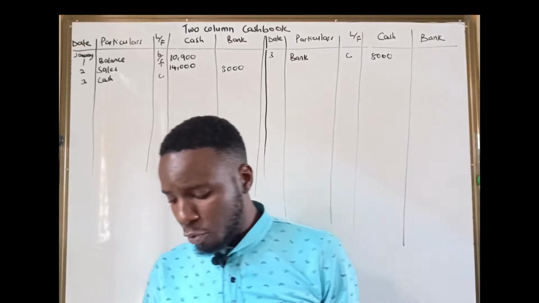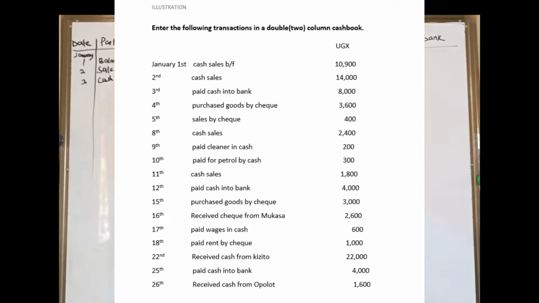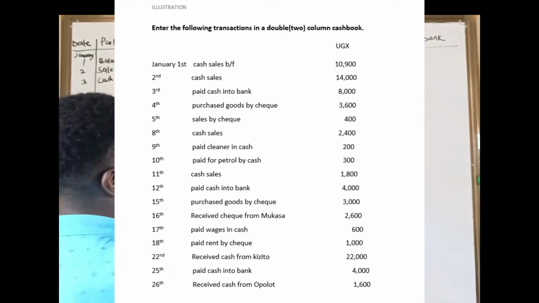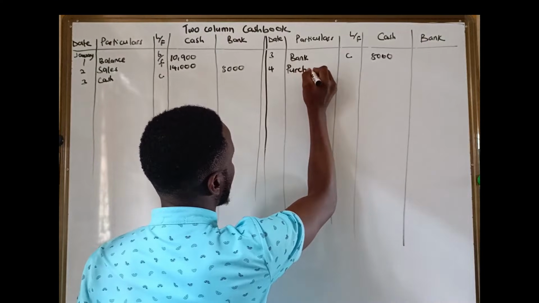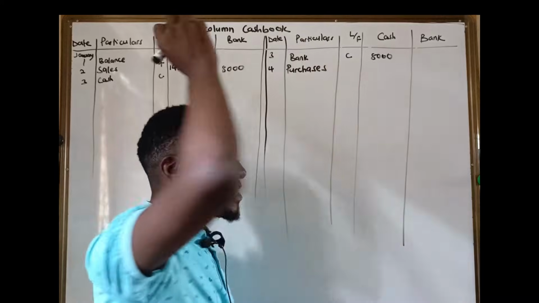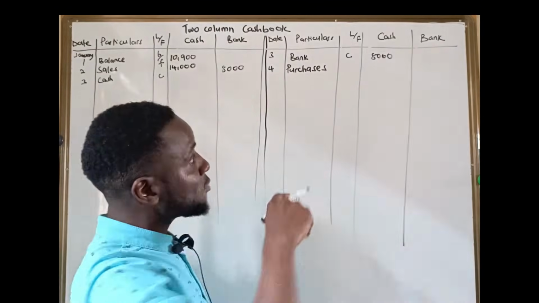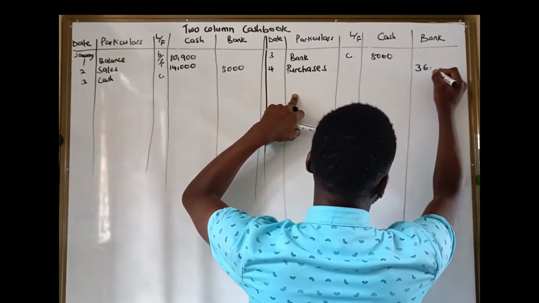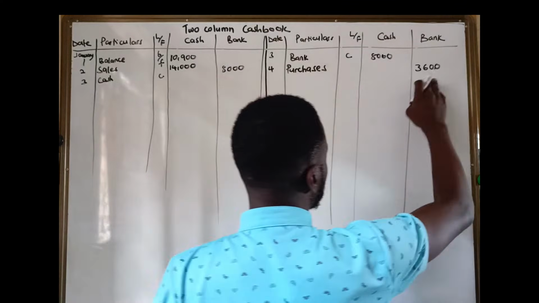Now we go on the 4th. On the 4th of January, he purchased goods by check. So these are purchases. So we come here and say on the 4th, we have purchases. But then these purchases, they were how much? They were 3,600, and it was by check. So if it is by check, we record in the bank column that we purchased using check.